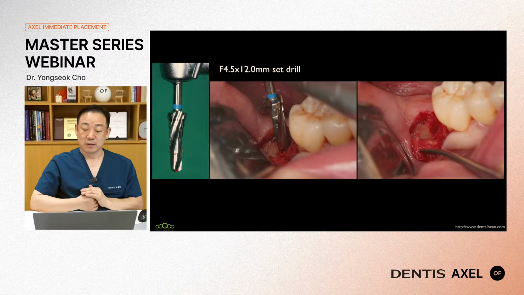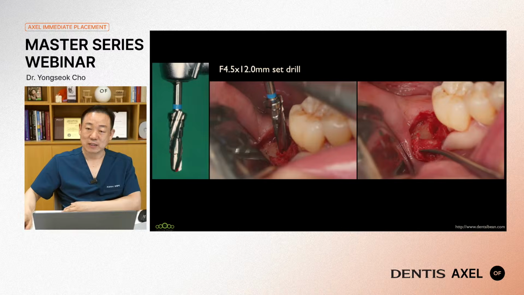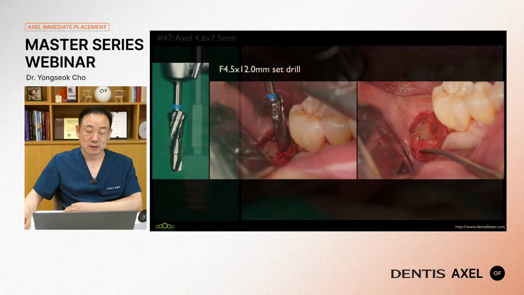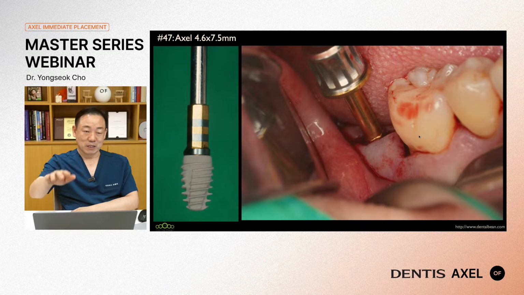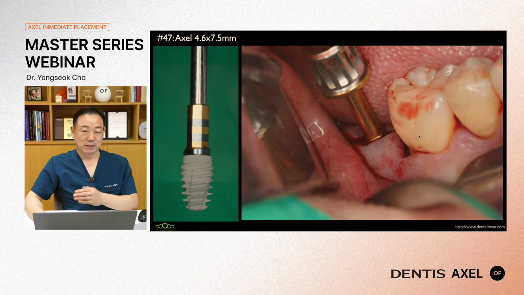Okay? Look at the right slide. Here, at the osteotomy, the proximal lingual bone height and buccal bone is quite different. And I selected the 4.6 by 7.5 implant. It was placed deep enough to hide the thread.